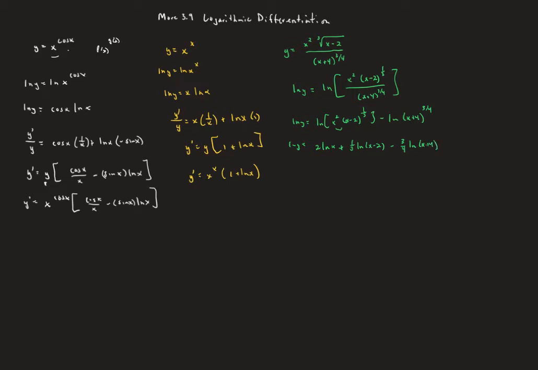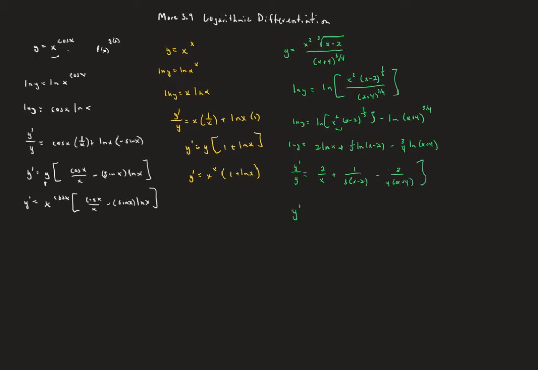Okay, now that we have done all our prep work, we can do our implicit differentiation on the left, and the derivative of natural log x is 1 over x, and we'll get 1 over 3 times x minus 2 from that next one, and a minus 3 on top, 4 times that x plus 4 in the denominator.